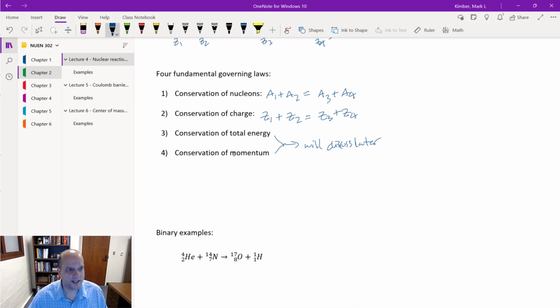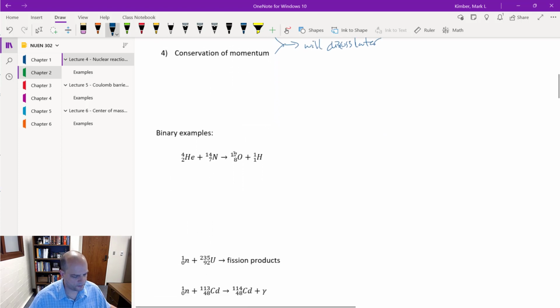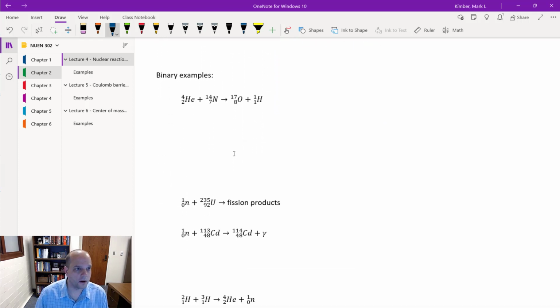So some binary examples here. What you see here is an alpha particle, an assembly of two neutrons and two protons, which is the nucleus of a helium-4.